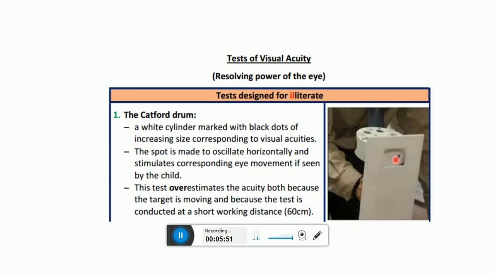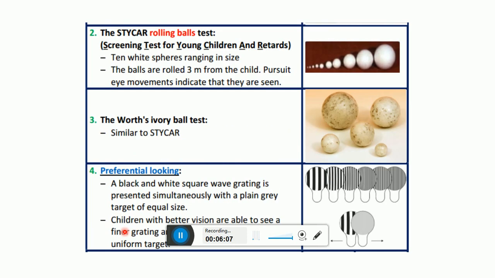This spot is made to oscillate horizontally and stimulates corresponding eye movement if seen by a child. The test overestimates the acuity both because the target is moving and because the test is conducted at a short working distance. Pursuit eye movements.